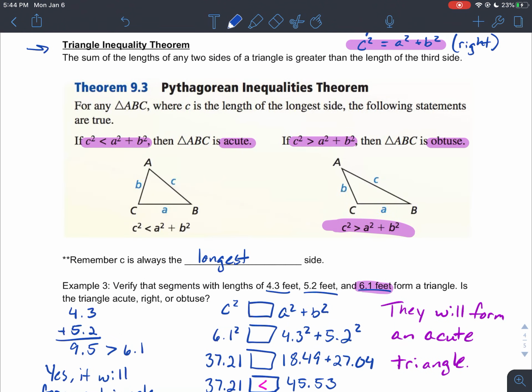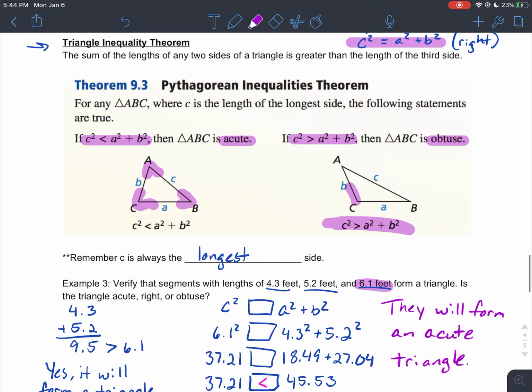And if c squared doesn't equal a squared plus b squared, then that actually tells us whether the triangle is obtuse or acute. And remember that an acute triangle has 3 acute angles. An obtuse triangle has 1 obtuse angle.